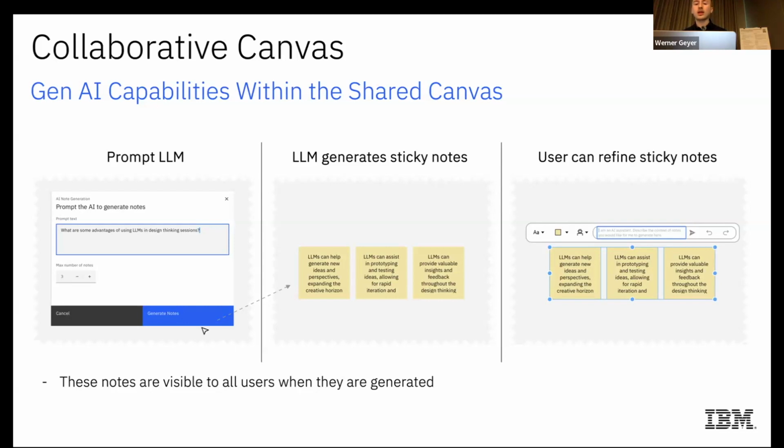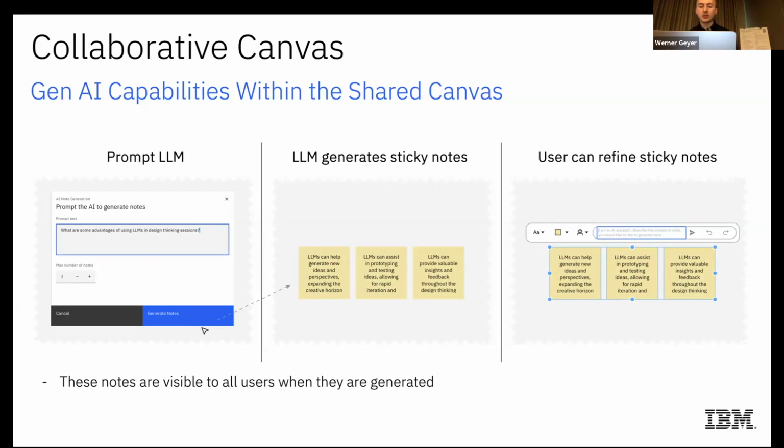Once that happens, the LLM will generate the sticky notes. And once the sticky notes are created, the users will have the possibility to select them. Doing that, a pop-up toolbar will appear, allowing the users to regenerate the generated content, for example, asking the LLM to write the notes, but with less text.